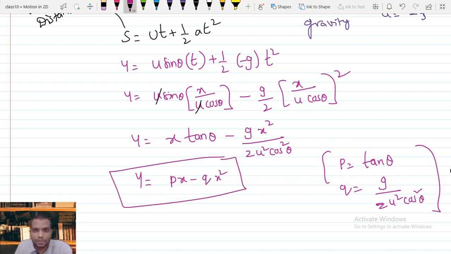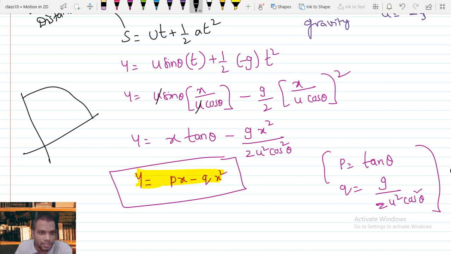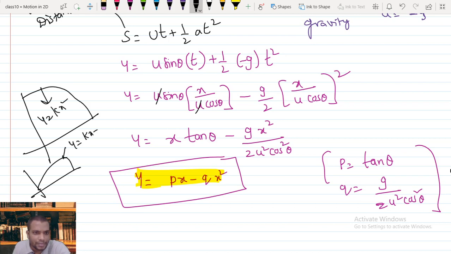So this is the expression for a parabola, which we represent in mathematics. Don't get confused with the earlier concept. I said we draw a parabola equation for a projectile launched horizontally from a height h, which gives y equals kx square. But for a full projectile, we represent it in mathematics as y equals kx minus rx square.